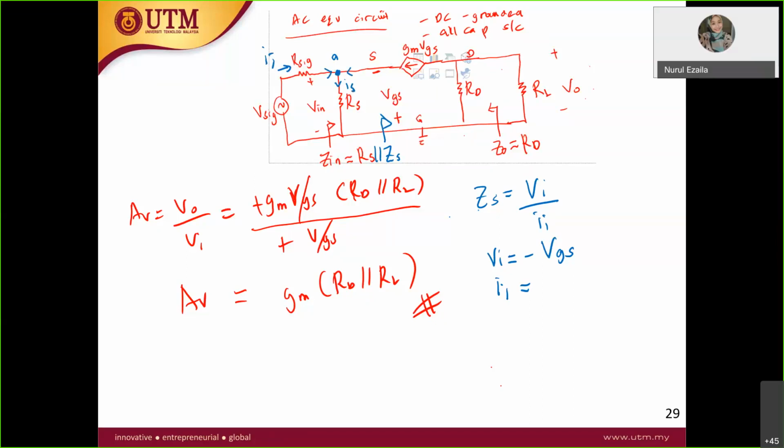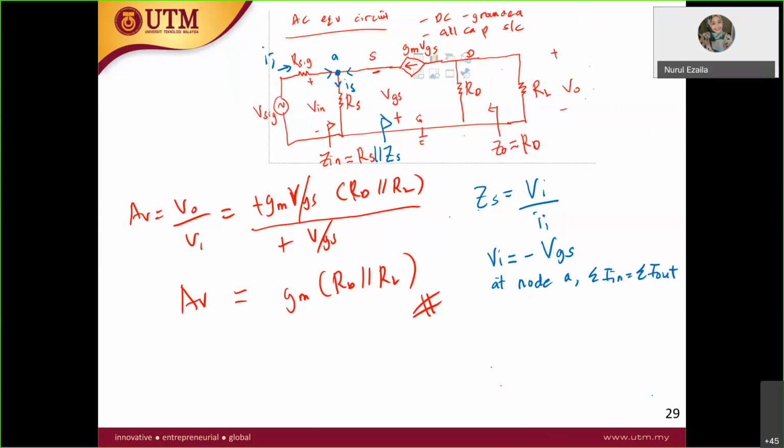At node A, total current in is equal to the total current out.